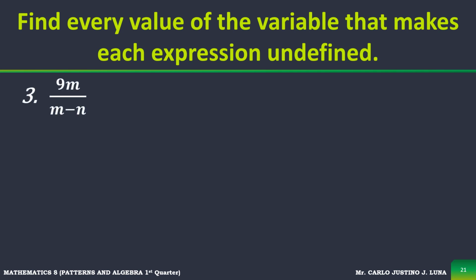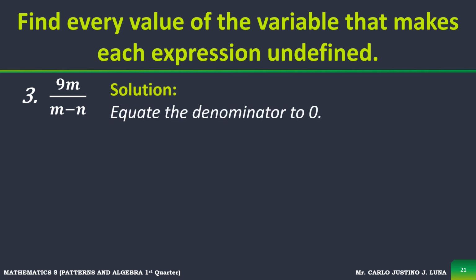Okay, number 3. 9m over m minus n. Okay? So, step 1, equate the denominator to 0. We have m minus n equals 0. Okay?